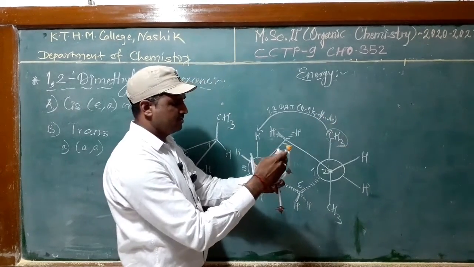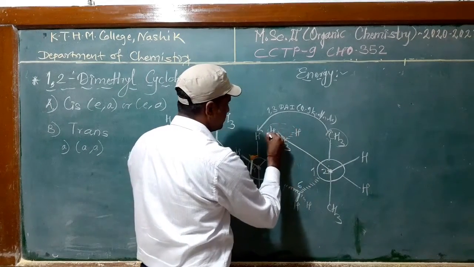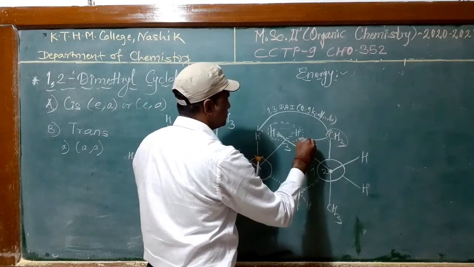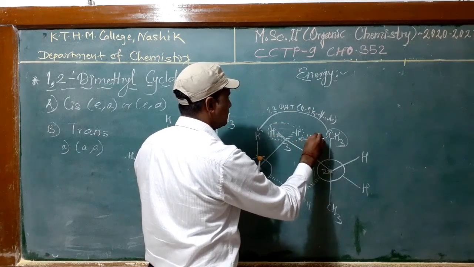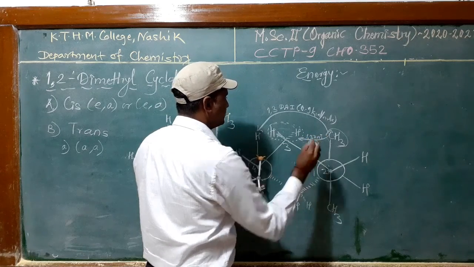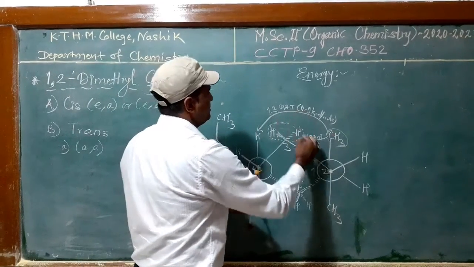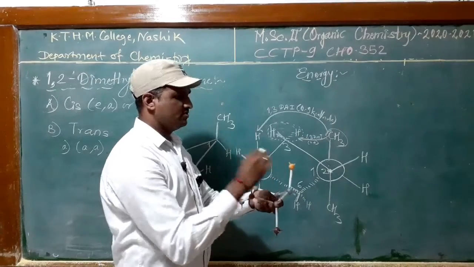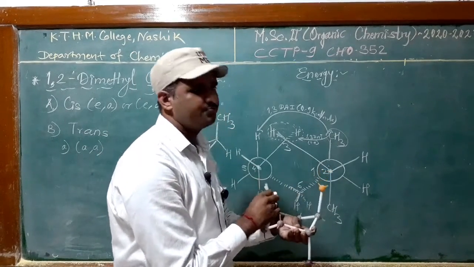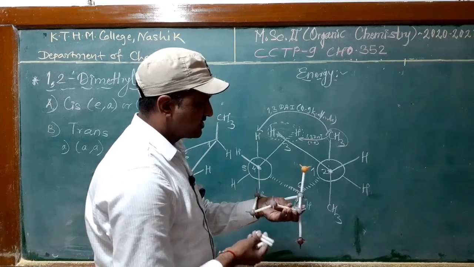Similarly, this CH3 again creates another 1,3-diaxial interaction with another axial hydrogen. So the second 1,3-diaxial interaction has an energy of 0.9 kilocalorie per mole. So this carbon number 1 axial CH3 group creates two 1,3-diaxial interactions.